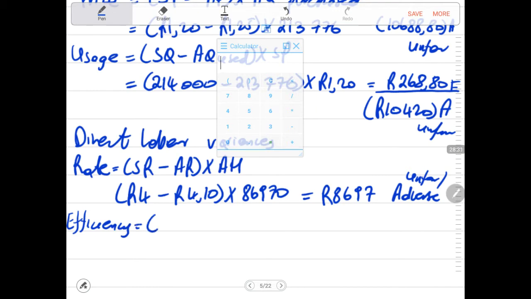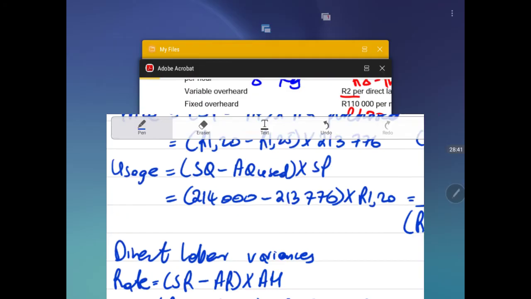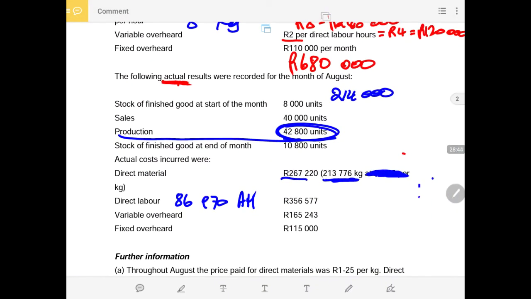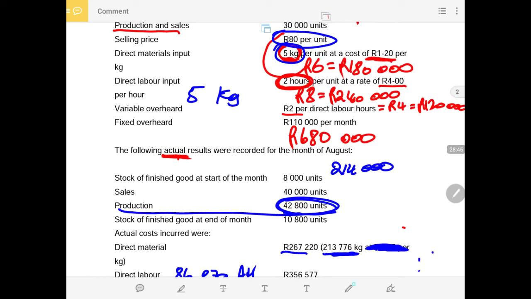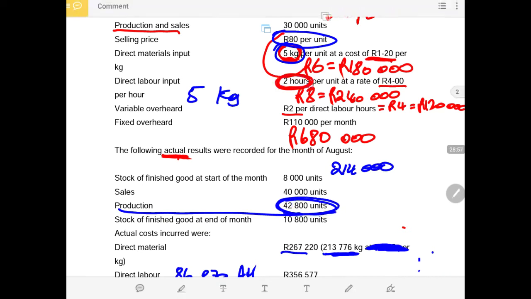Our labor efficiency is standard hours minus actual hours times by standard rate. Now standard information is always based on actual production. In other words, we go to our standard hours. Our standard hours per unit are saying that we're supposed to spend 2 hours to complete 1 unit. So if the company actually produced a total of 42,800 units, how many hours were supposed to be spent?